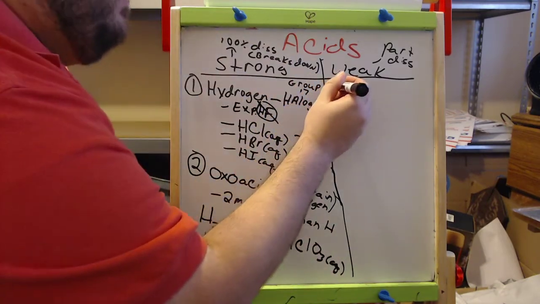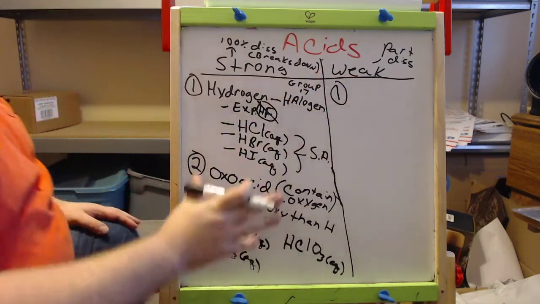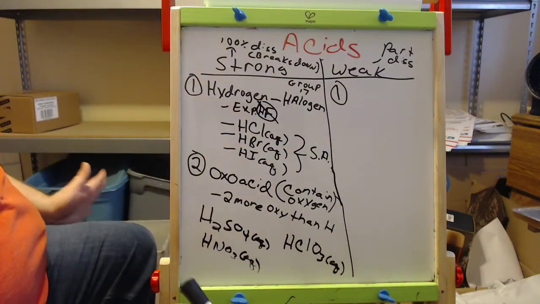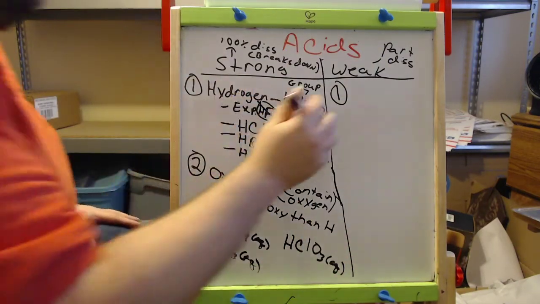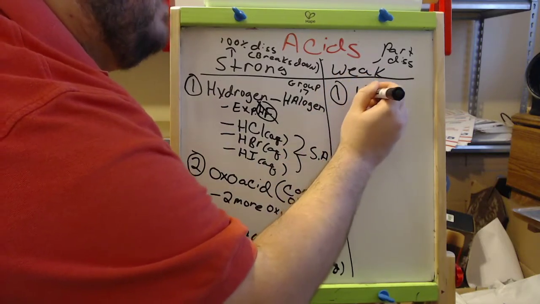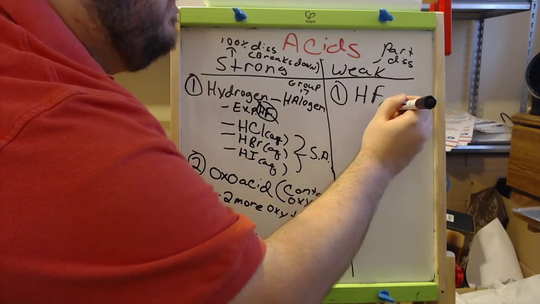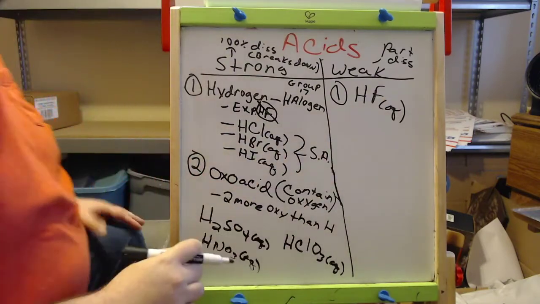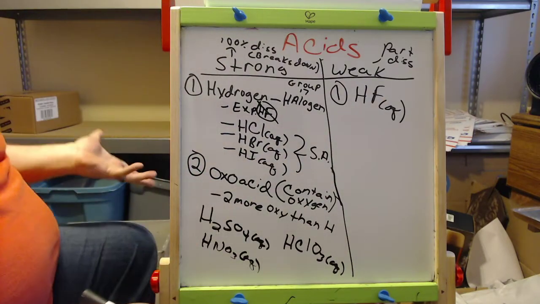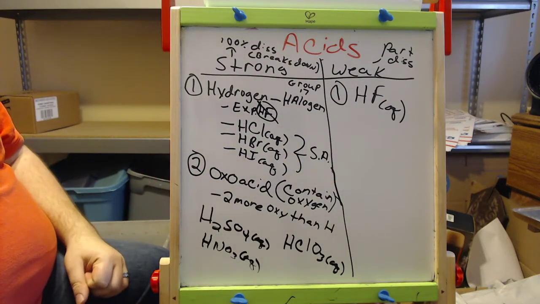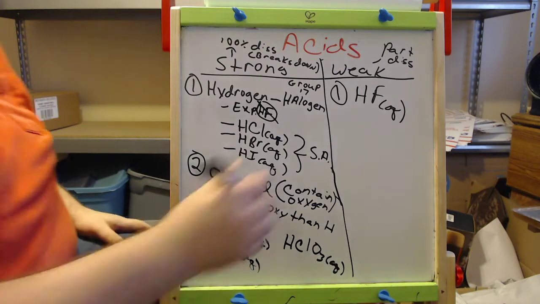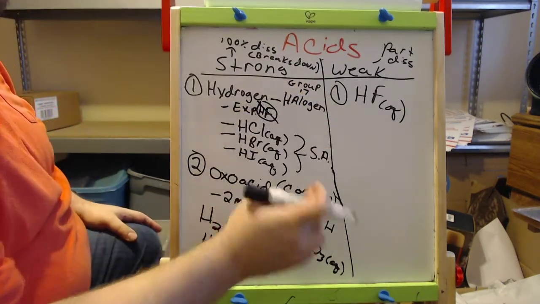So, what are my weak acids? If I know the rules for my strong acids, the weak acid rules don't really matter, but let's just put them up there. Well, let's put the exception up there. The exception is that HF in water. So, that's number 1. Number 2, what if I don't contain a halogen or an oxygen?